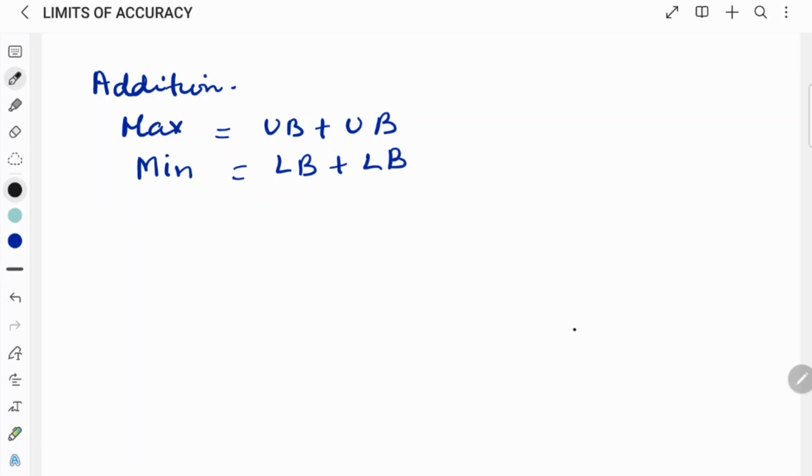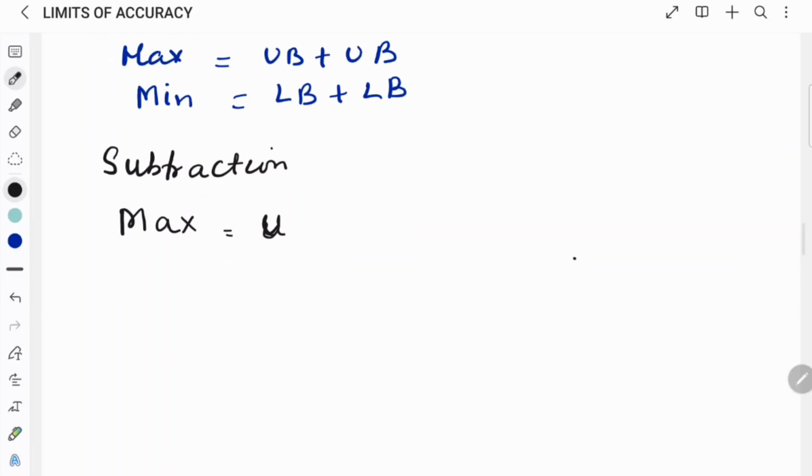Now if you identify that you need to do subtraction, subtraction is a different thing. In a subtraction problem, if you need the maximum value, the greatest value or the upper bound, you take a greater value and subtract a smaller value from it, the lower bound.